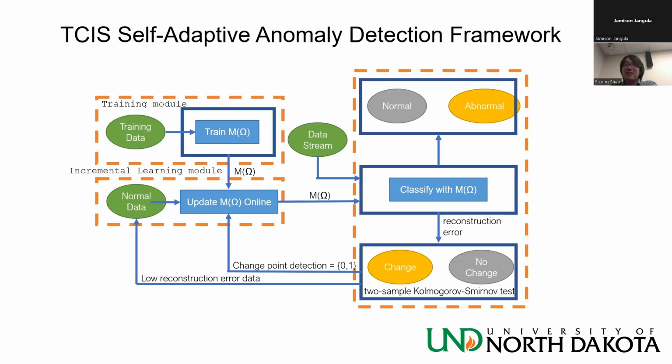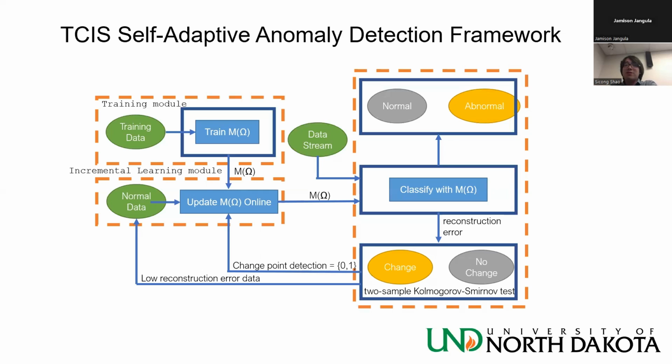The concept drift detector runs with the autoencoder and uses the output from the autoencoder, which is the reconstruction error or anomaly score, as the input. The retraining function, the incremental learning function, will be invoked whenever the drift detector detects the drift point, the distribution change. The samples with the lower reconstruction error will be used to tune the autoencoder, to do the incremental learning for self-adaptive learning.